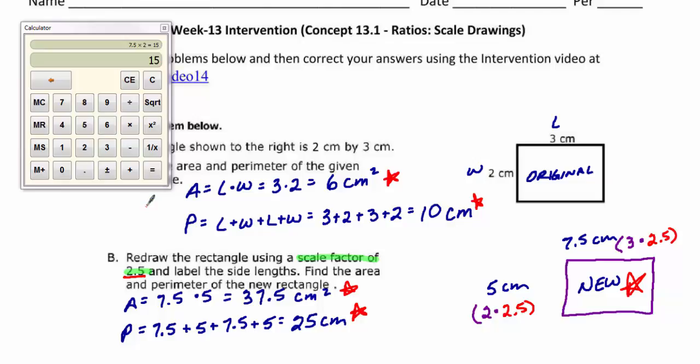Now, if you didn't get this one right, maybe on the first one I only got 5 instead of 10 because I added halfway around. Or when I did area, I added them together instead of multiplying. If there's anything you need to rework, rework problem 2 now. Pause the video, rework problem 2, and then start it up, check your answer. You can fast forward all the way to the end, see if you got it right. If you need to watch any steps, then you can go back and watch steps.